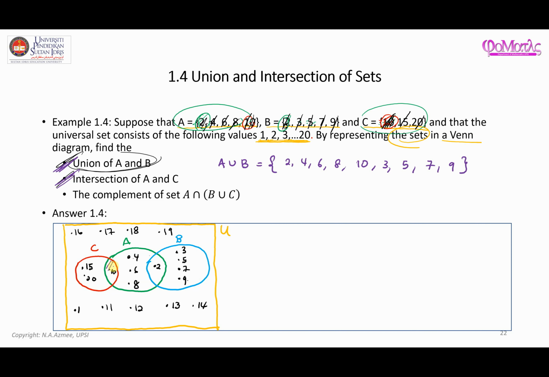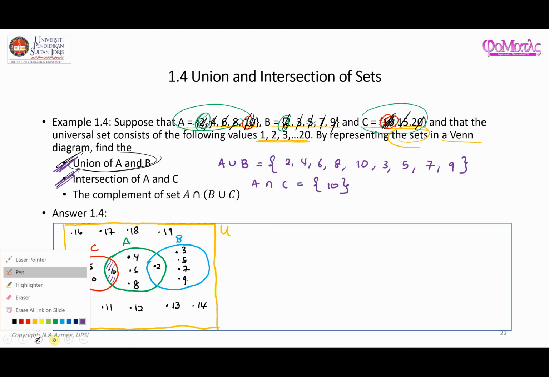So this is the area of intersection for A and C. And so the answer to that is A intersect with C is going to be just equal to, there's just one element there, which is 10. So that is the second question.